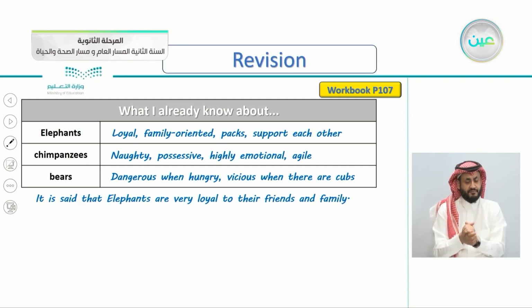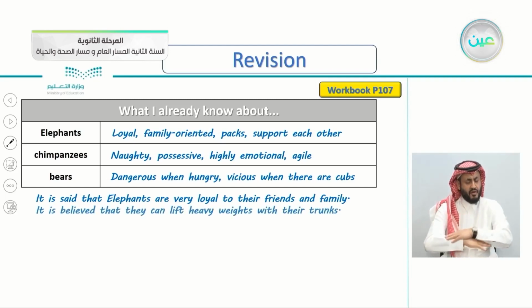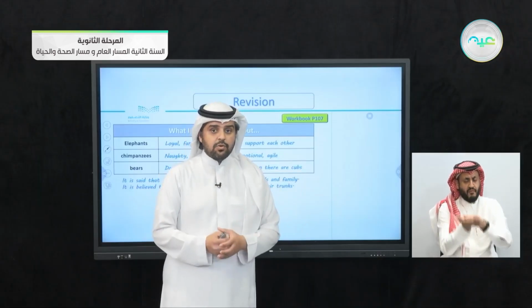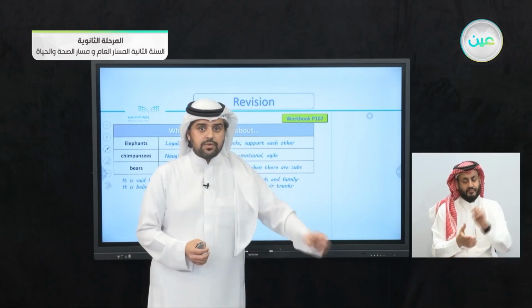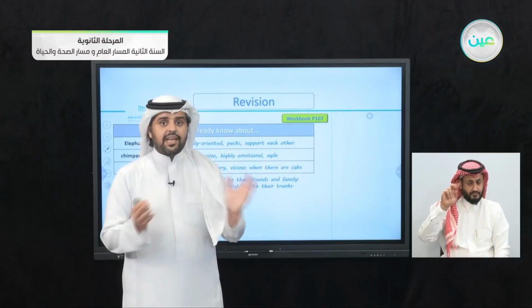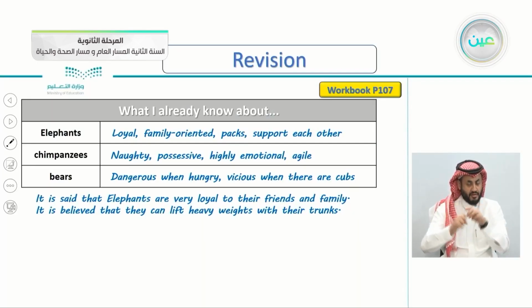Also, it is believed that they can lift heavy weights with their trunks. Do you know what's a trunk for the elephant? Yes, it's their long nose. We call it a trunk. Don't call it a nose, it's a trunk. So again, it is said that elephants are very loyal to their friends and family. Also, it is believed that they can lift heavy weights with their trunks.